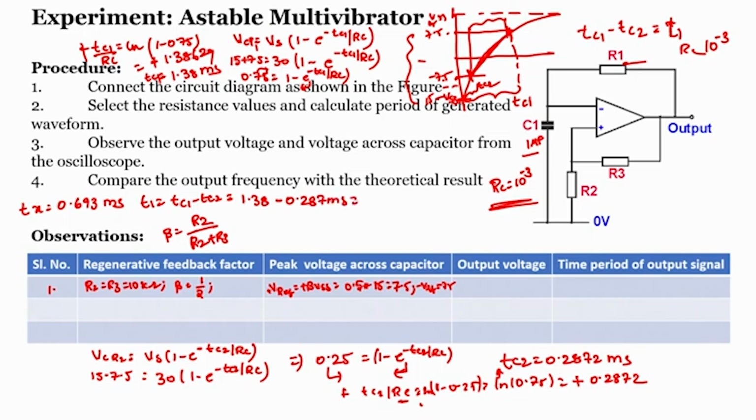Lower voltage, lower time it takes; higher voltage, higher time it takes for the capacitor. 1.38 minus 0.287 is nothing but 1.093 milliseconds. That means the time taken from here to here is approximately 1.1 milliseconds, right. This also we will keep aside.